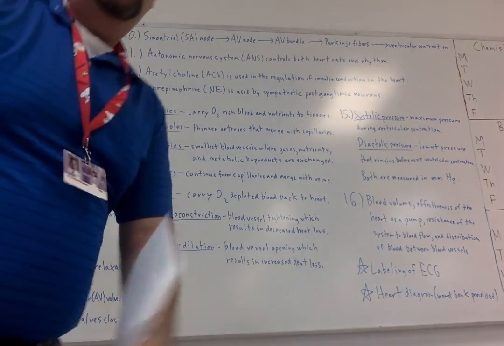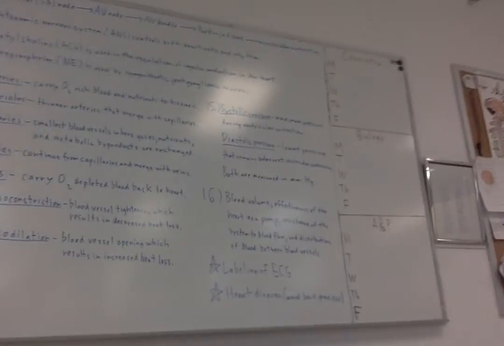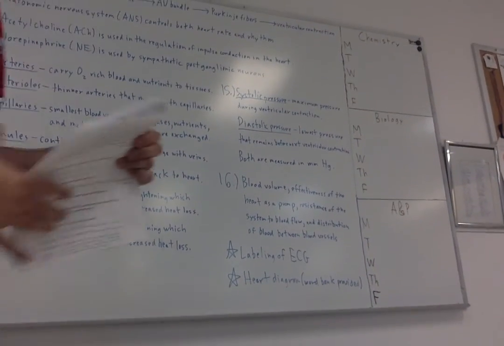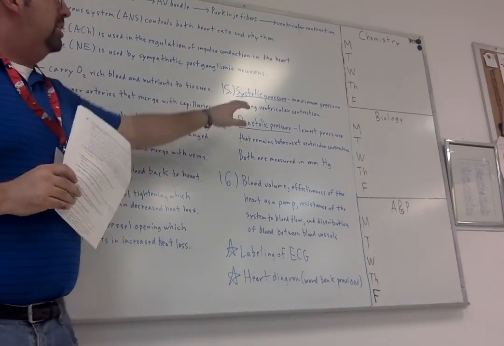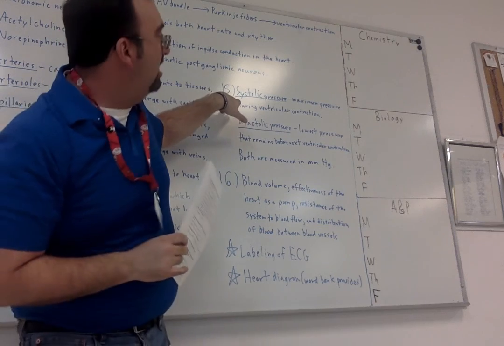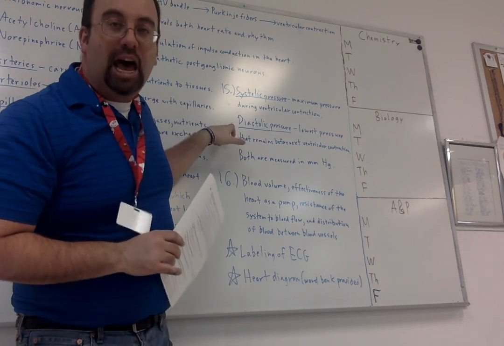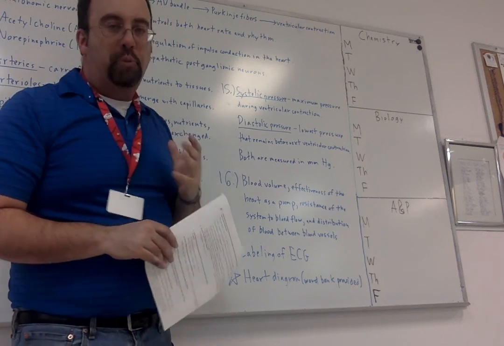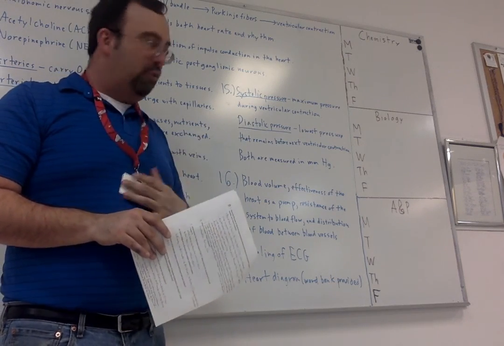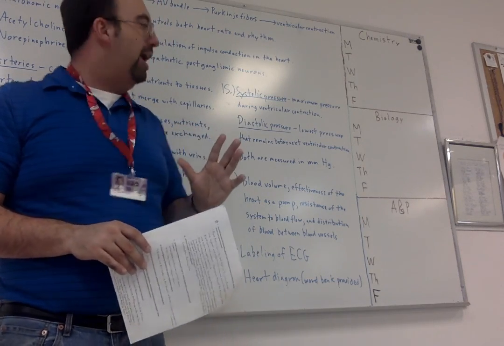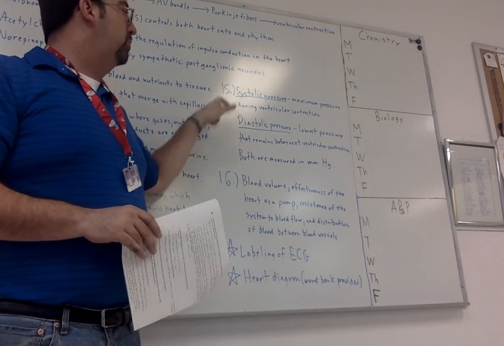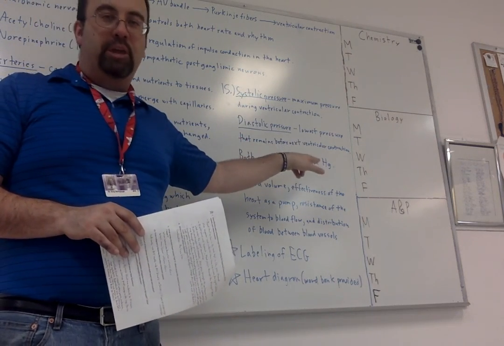All right. Number 15. Systolic pressure is the maximum pressure during ventricular contraction. Diastolic pressure is the lowest pressure that remains before the next ventricular contraction. And both of these pressures are measured in millimeters of mercury.